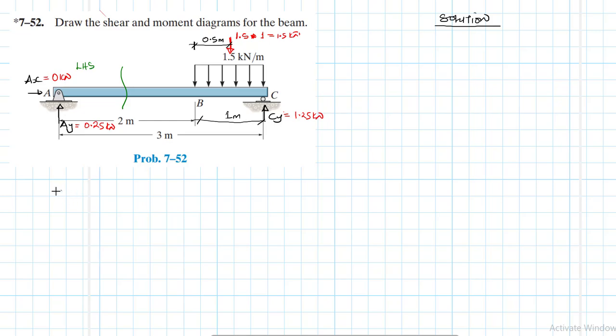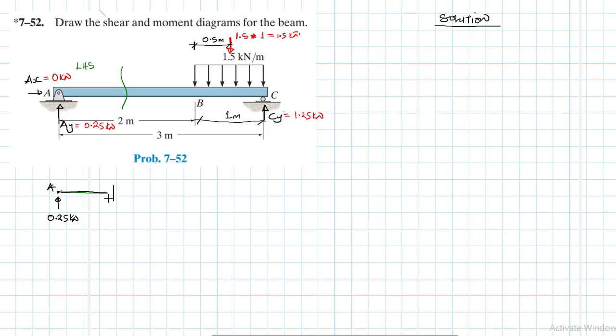So we're going to have a section of a beam like so, with the support reaction at A of 0.25 kilonewtons.